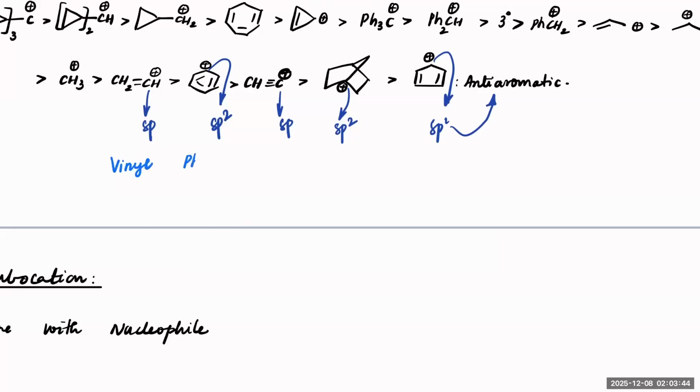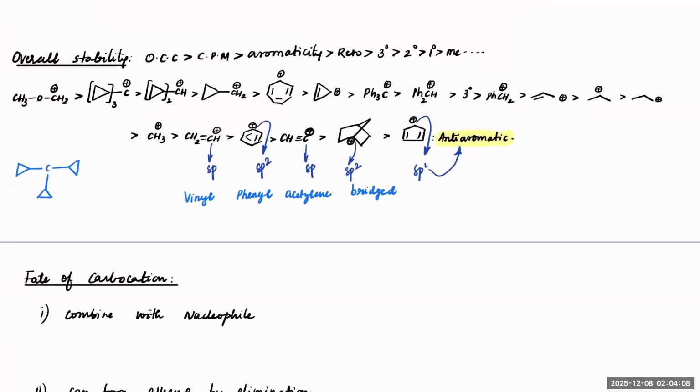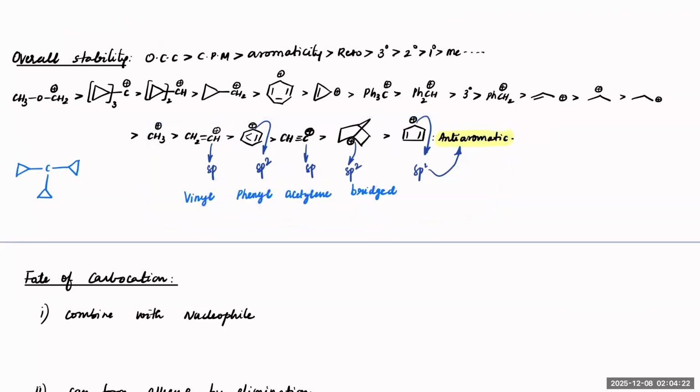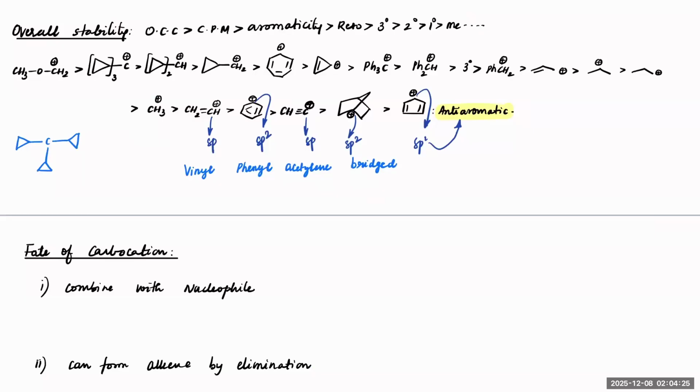Then we have the phenyl carbocation, which is also highly unstable. Then we have the acetylene carbocation. Then we have the bridged carbocation, and last we have the anti-aromatic carbocation. So out of all the carbocations, the least stable form is the anti-aromatic form. This sequence is important as well, everyone. That is methyl, vinyl, phenyl, acetylene, bridged, and anti-aromatic. So this is the total order of carbocation stability.